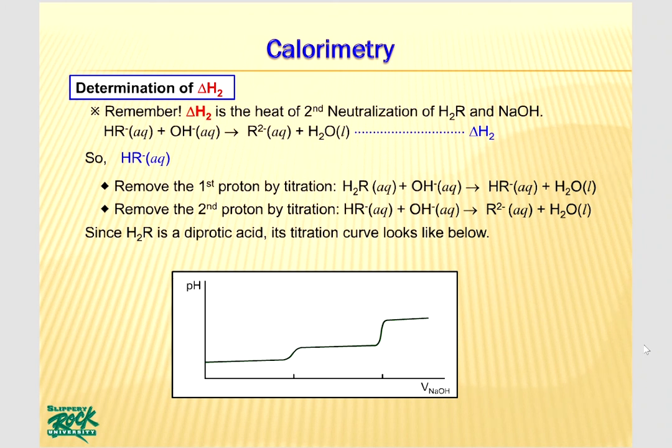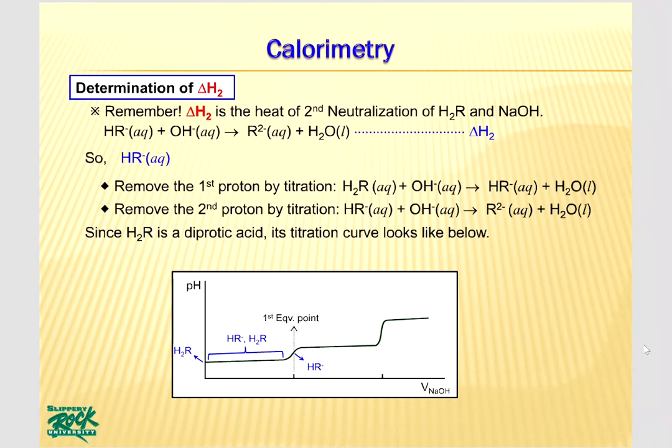The initial acid solution contains only H2R. As titration begins, the solution has newly formed HR- and unreacted H2R until it reaches the first equivalence point. The solution contains only HR- at the first equivalence point.